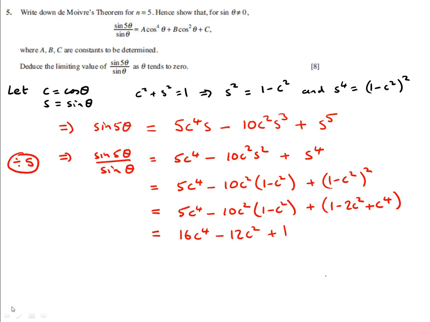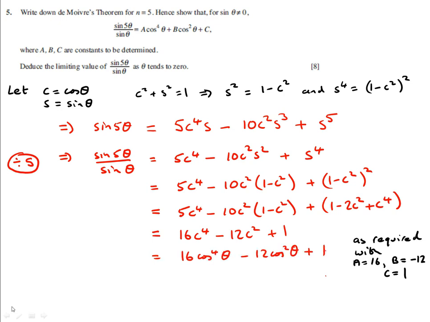So we've got sin 5θ divided by sin θ is 16 cos θ to the power 4 minus 12 cos θ squared, add 1, which is the required expression where a equals 16, b equals minus 12, and c equals 1.